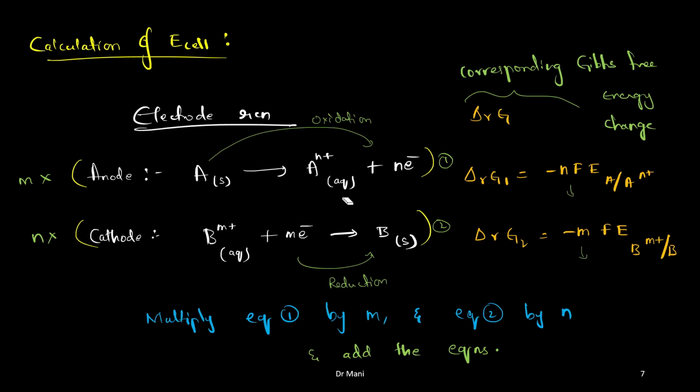Why am I multiplying with M and N? To balance the equations. Because both are redox half reactions, in order to balance both and make them neutral, I'm multiplying each with M and N. Is that clear?